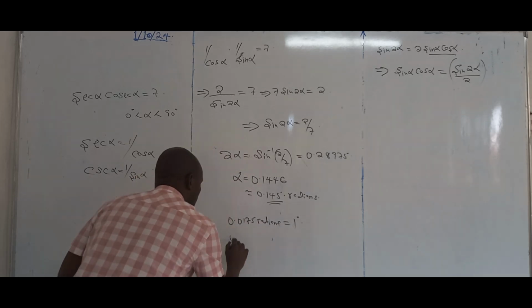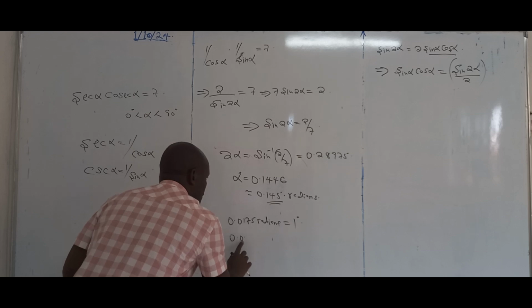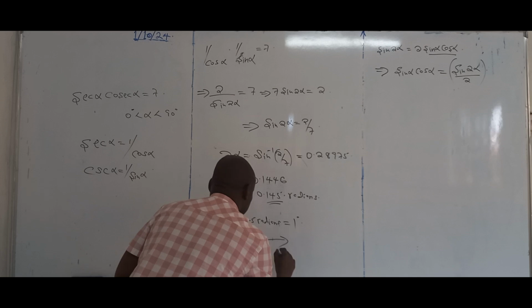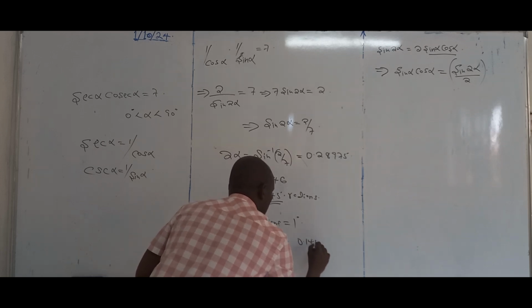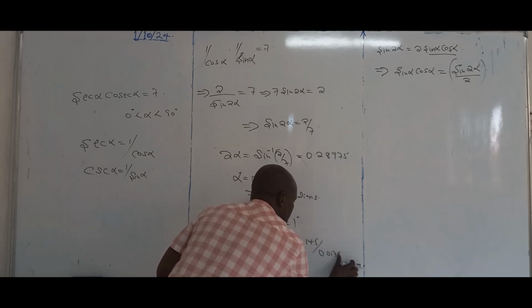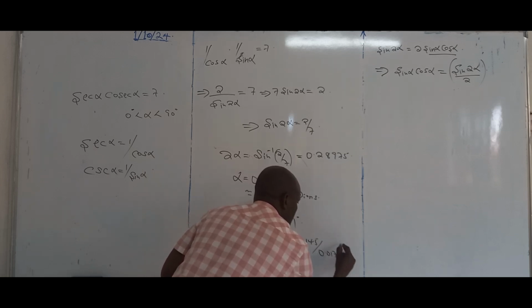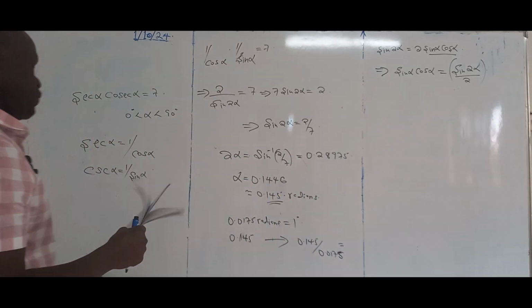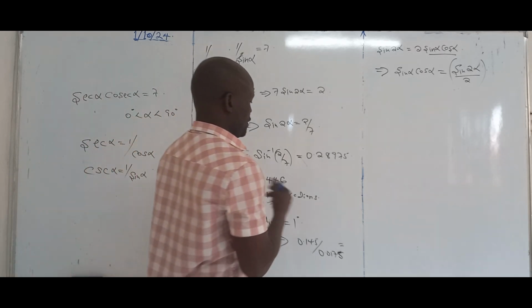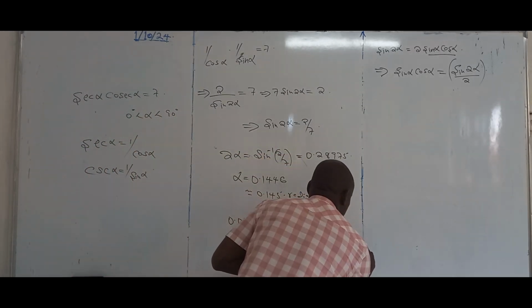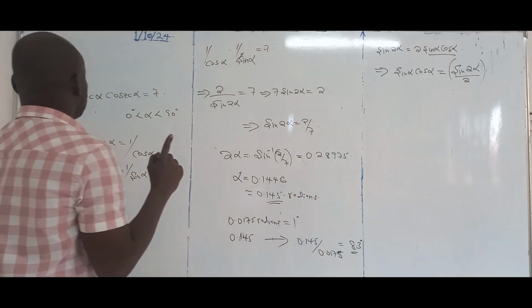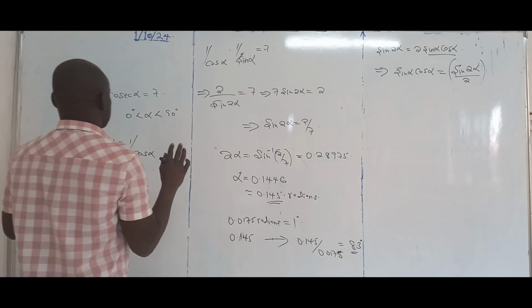So 0.145 divided by 0.0175, if you work that out using your calculator, you should get around 8.3 degrees.